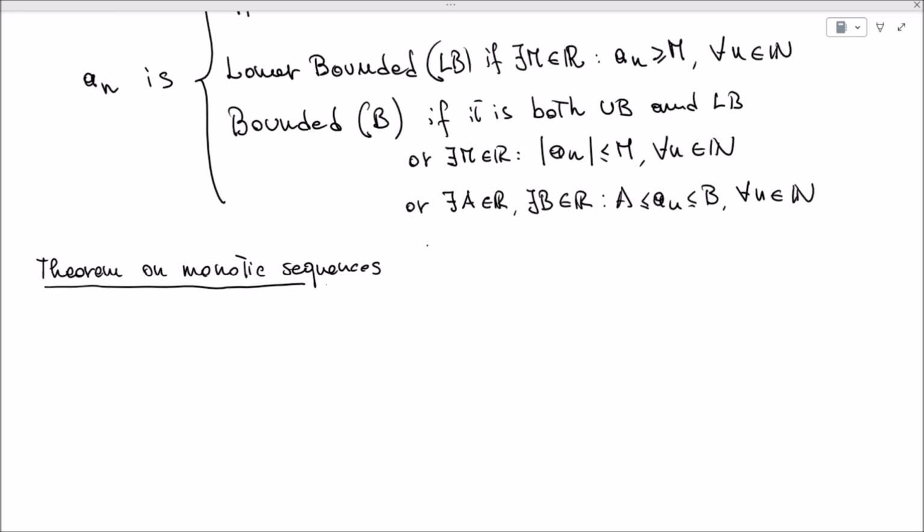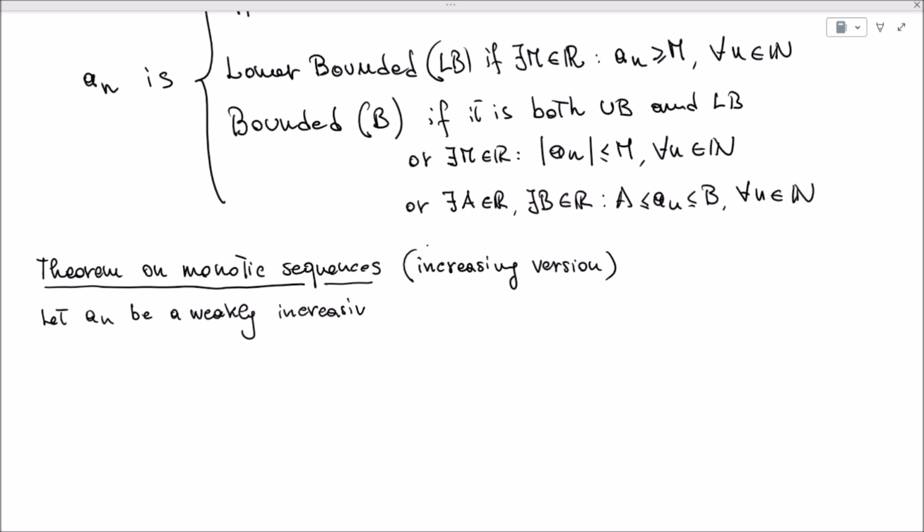We'll first state the increasing version. Let an be a weakly increasing sequence.